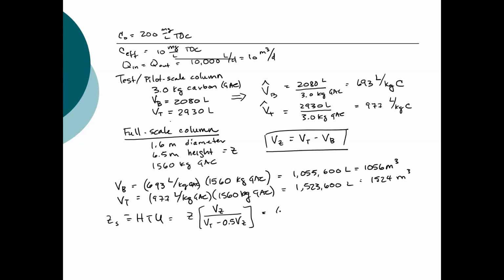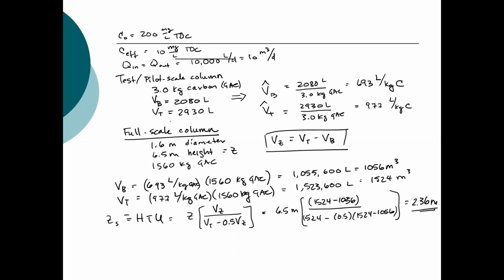And this is equal to 6.5 meters times (1,524 minus 1,056) divided by (1,524 minus 0.5 times this difference), and that is equal to 2.36 meters.